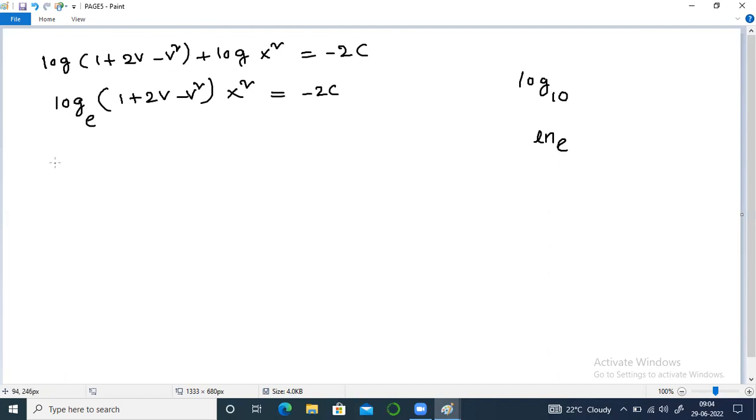So now x square into 1 plus 2v minus v square is equal to e to the power minus 2c. Now the question comes, the answer is almost done, but the answer has the variables capital X and capital V, not small x and y.